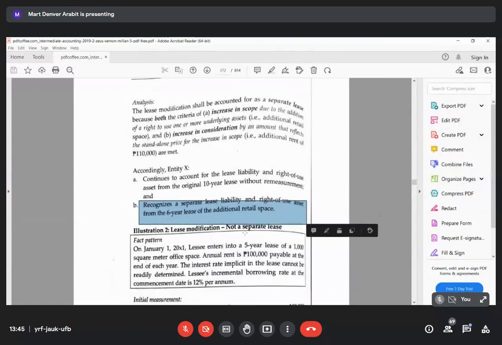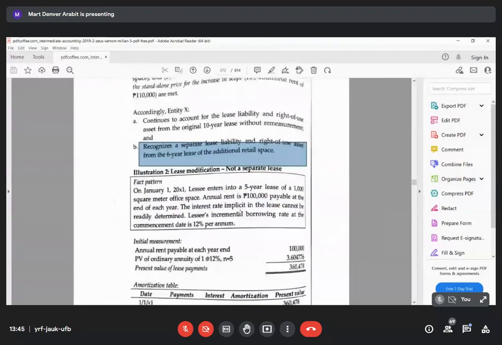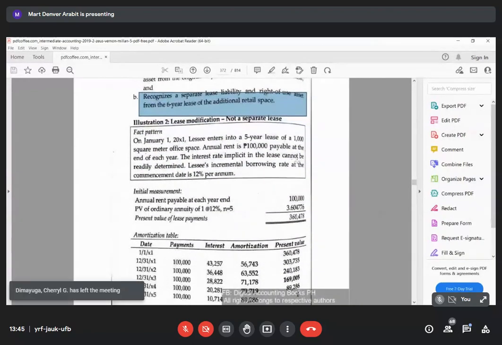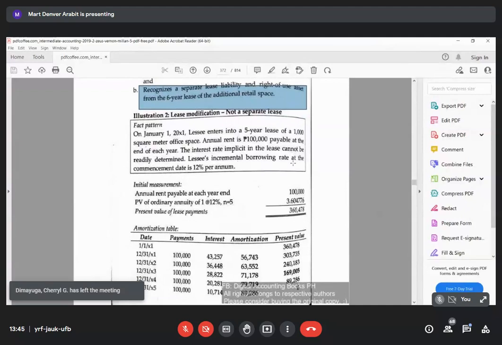However, for lease modification which is not a separate lease, this is the modification of terms: a lease into a 5-year lease of 1,000 square meter office space, annual rent is 100,000, payable at year-end, and the interest rate implicit in the lease cannot be determined.